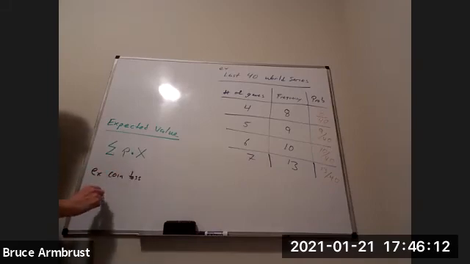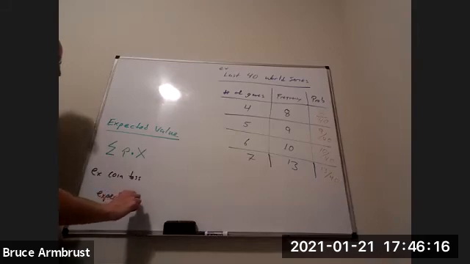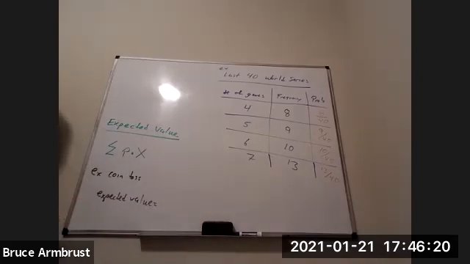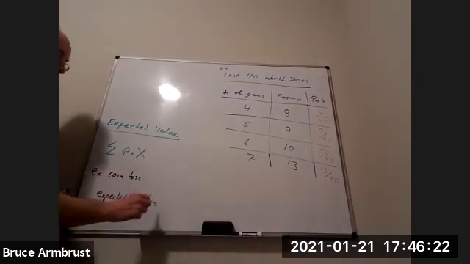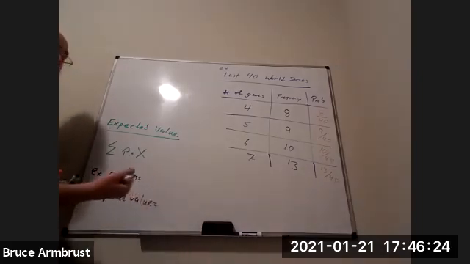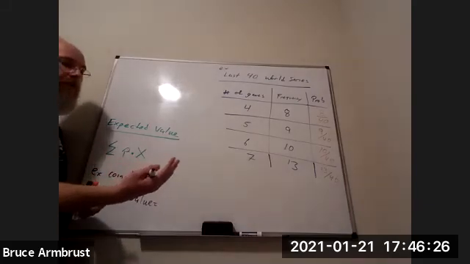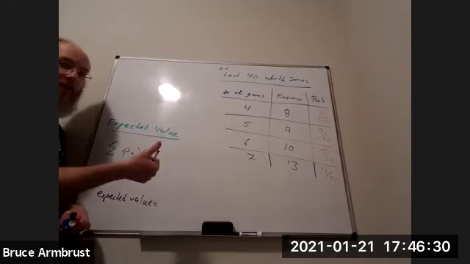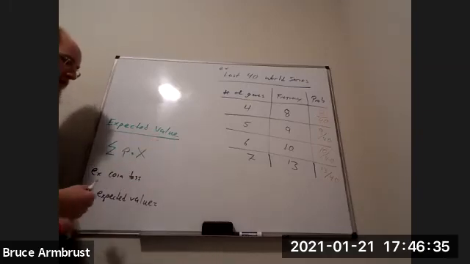Here's how we're going to get our expected value. We're going to take the probabilities times the outcomes. We had 4 different outcomes available for our variable: we could get 0 heads, 1 head, 2 heads, or 3 heads.